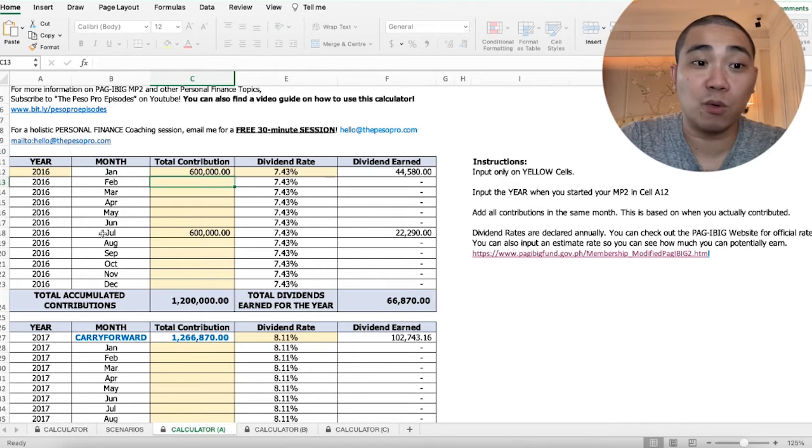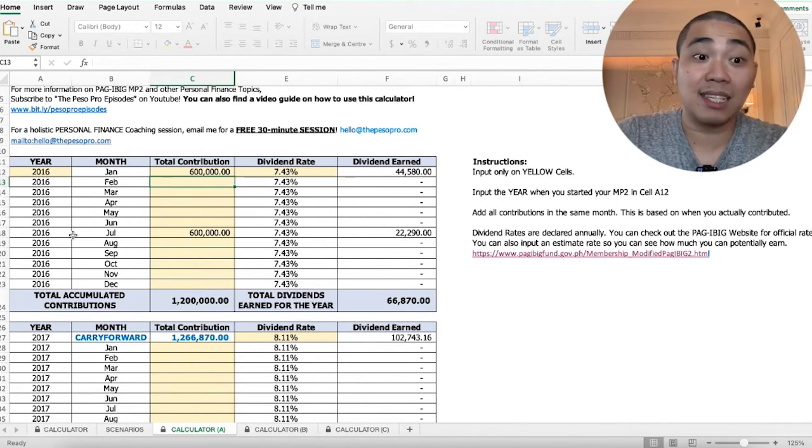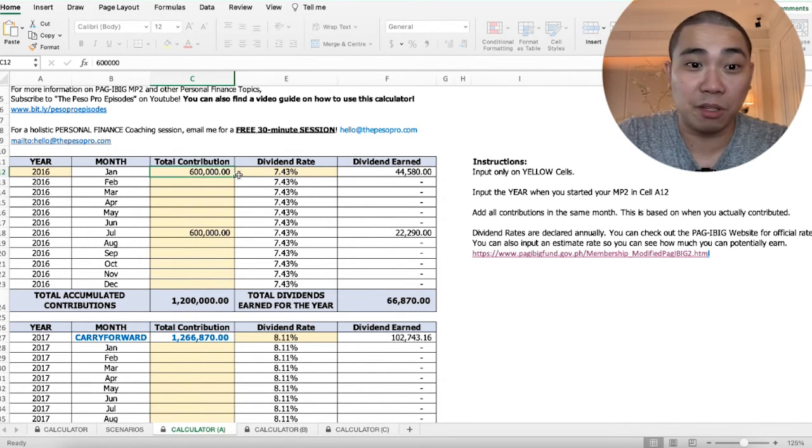What you will see is, kung sa July ka nag-start, half na lang yung dividend na nakuha mo. Why is that so? Pareho naman yung dividend rate, di ba? What Pag-ibig does is they do a proration or a pro-rata approach. Meaning, since 6 months ka lang naka-invest sa 2016, 6 months lang din na dividends ng 2016 yung mapapasa inyo. If you had 12 months, like the January example, then full year din yung makukuha mong dividends.